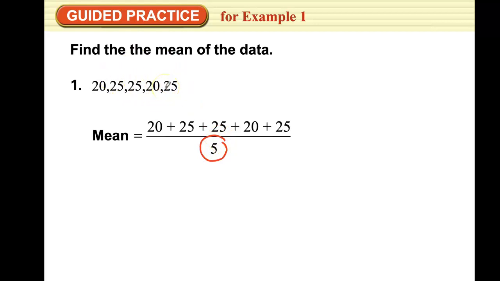Just like the pilots, it's the number of numbers you are adding together. So we have number 1, 2, 3, 4, 5, and that's where I get my 5. So I would get 115 divided by 5, and the mean of the data would be 23.